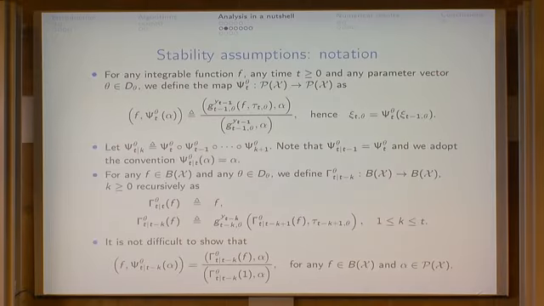Stability. Well, this is the same kind of stability that Pierre and Alice Guionnet used in the original paper. Actually, in this slide, what I'm introducing is rather notation. Simply look at this: this capital psi of theta at time t is a map that transforms one probability measure into another probability measure. To be precise, it's the map that takes the predictive measure at time t minus 1 and converts it into the predictive measure at time t.